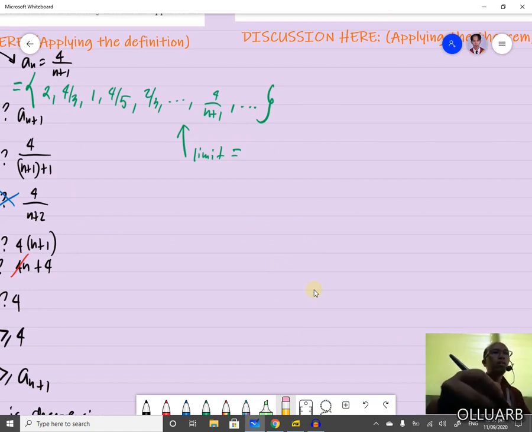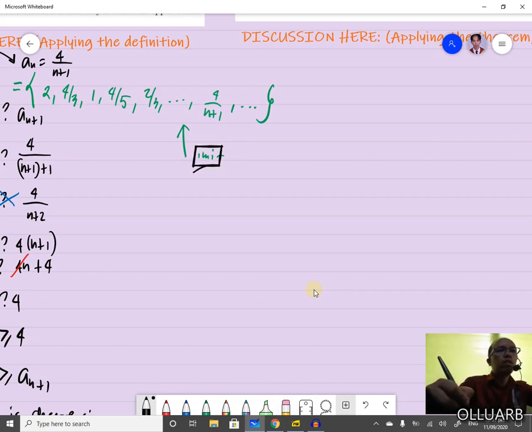What is the limit of this function as n approaches infinity?